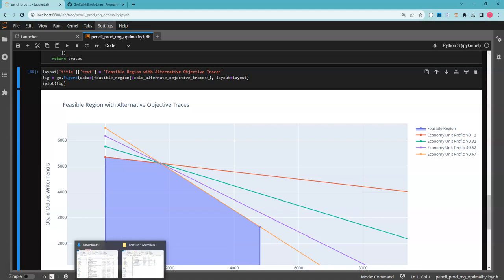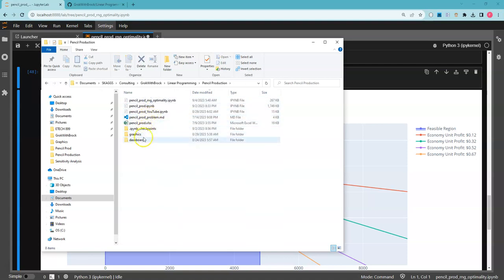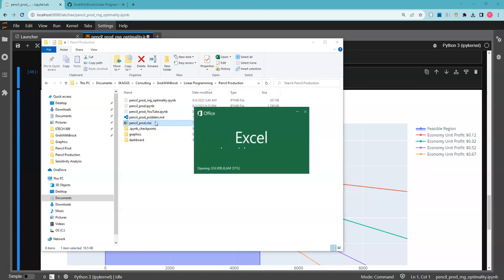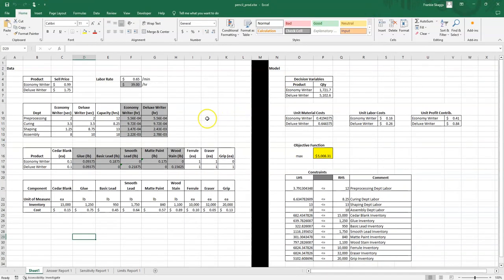The other thing that is worth noting, so I come back here, is that this can actually be done for you as you run sensitivity analysis in a certain software package. So in this case, I'm going to open up a solution of this problem using MS Excel, and when you run the MS Excel solver, you can have it generate certain reports, and one of those reports is the sensitivity report.